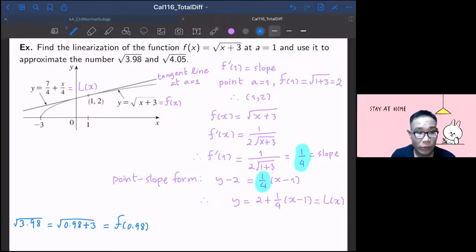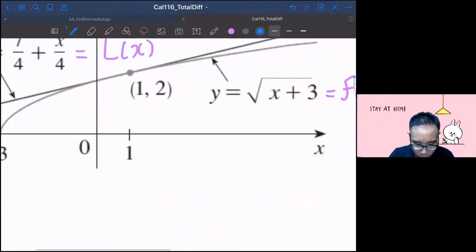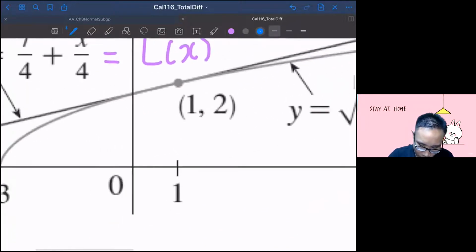So you'd like to find f of 0.98. If you zoom in on this graph, you have 0 and 1 like this, and 0.98 turns out to be close to 1. So 0.98 is here, and you'd like to find the approximation for this point.